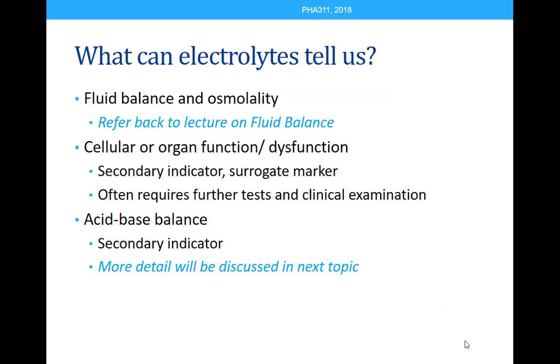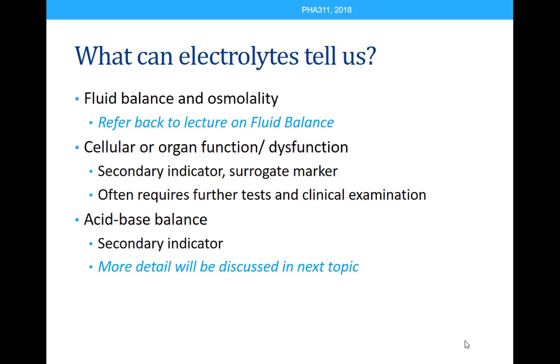What information can we get by measuring these electrolytes in a patient's blood? They can of course tell us about fluid balance and osmolality. Is there movement of water into a compartment where it should not go? Remember, first spacing, second spacing, third spacing, water can move to different areas.